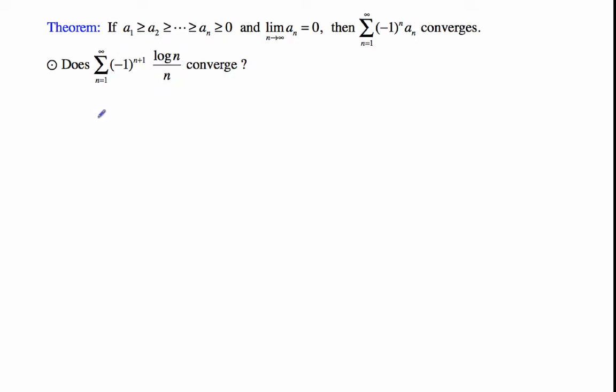Now, if you look at log of n divided by n, then as n increases, log of n increases, but we know that logarithm of n increases much, much slower than n, and so when n goes to infinity, this goes to 0. You can check using L'Hopital's rule.